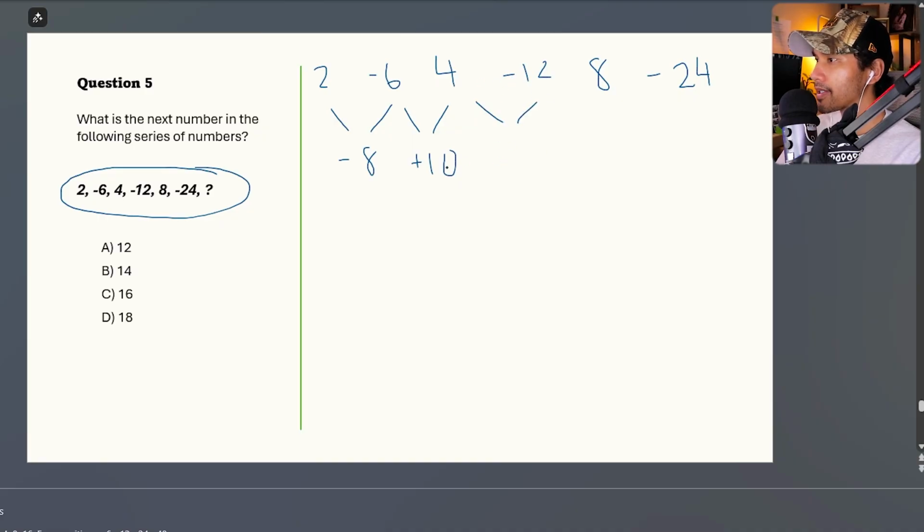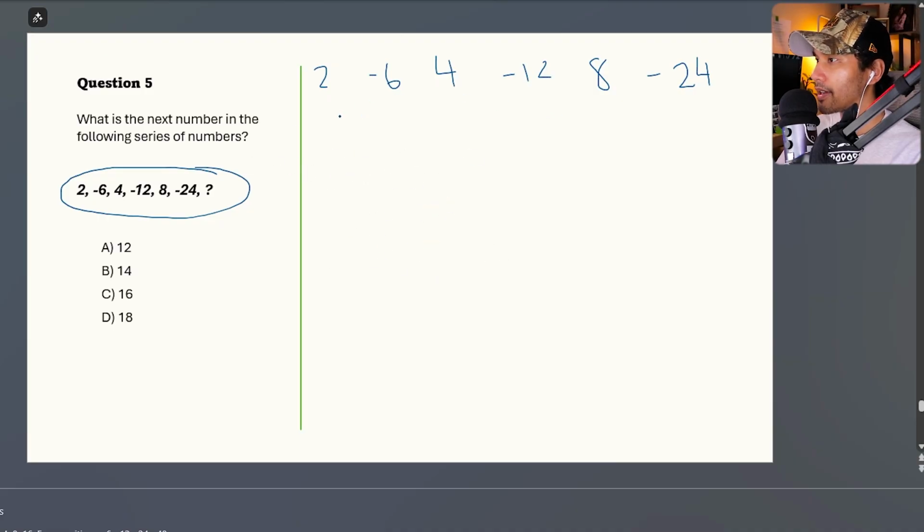Then when I'm working this out, I'm like, this doesn't look good. This doesn't make sense. If I do the differences between the differences down below, -8 to +12, right? This is +18, and it just doesn't make sense. I wouldn't do this. I would quickly just erase everything and figure out another pattern.